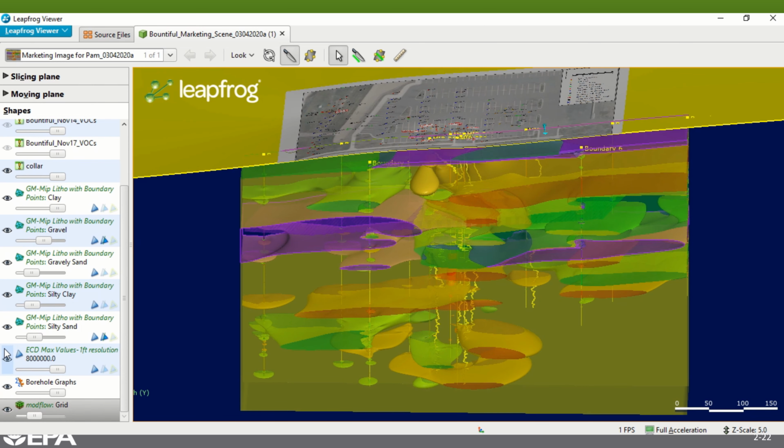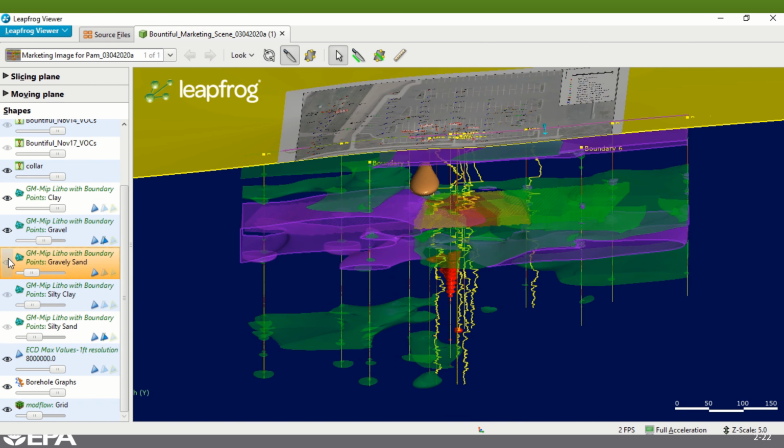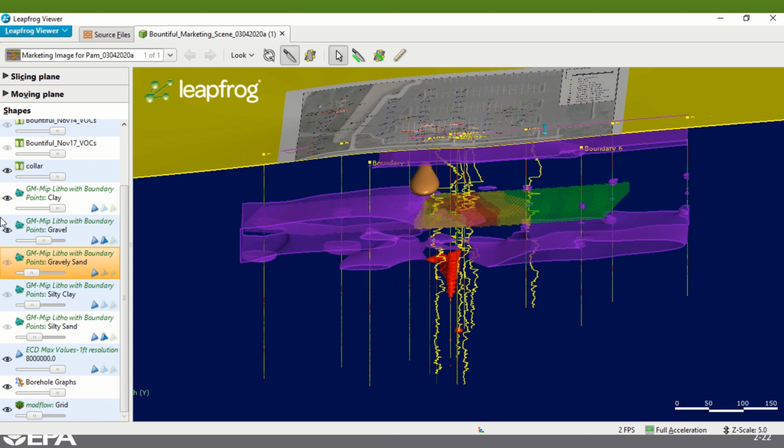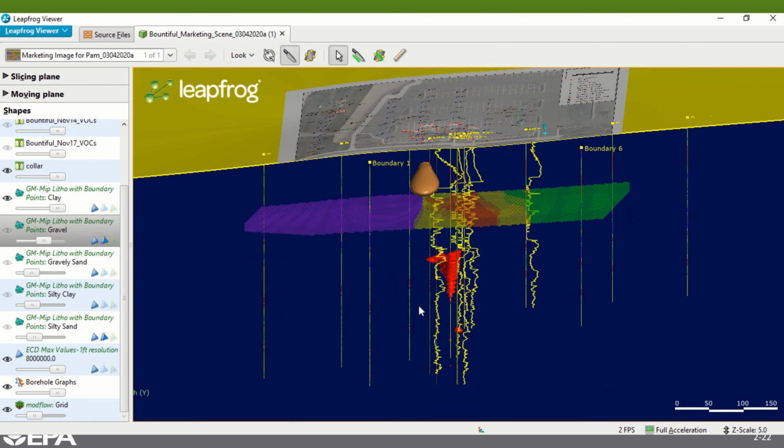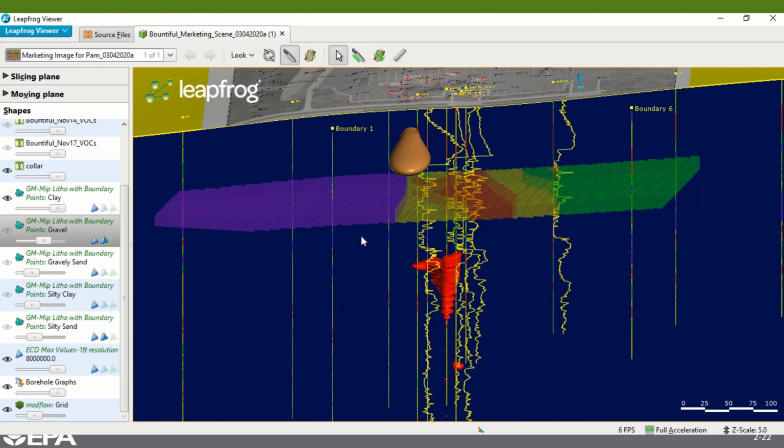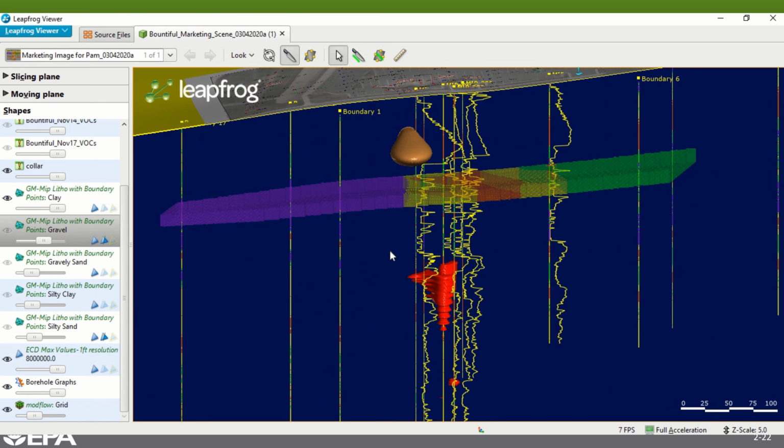And if I turn off some of the other units, we can really get a peek at what the MODFLOW grid looks like. And within the grid, you can do more sophisticated fate and transport modeling within various zones of this larger visualization.